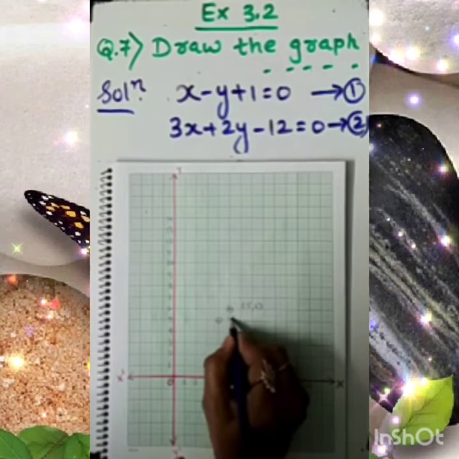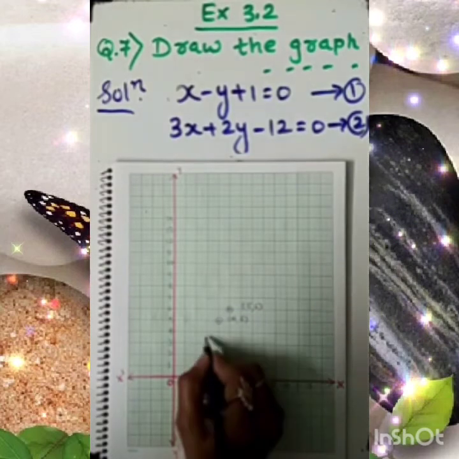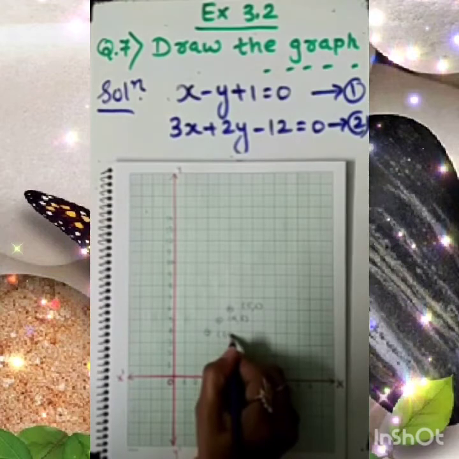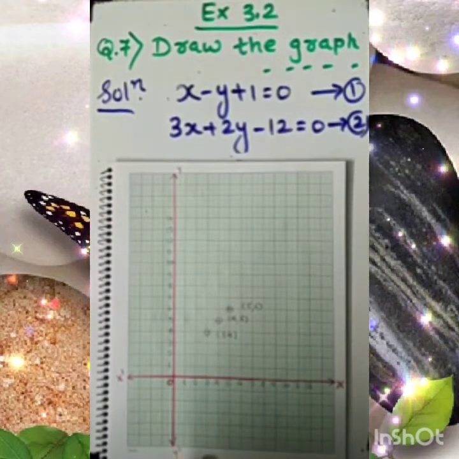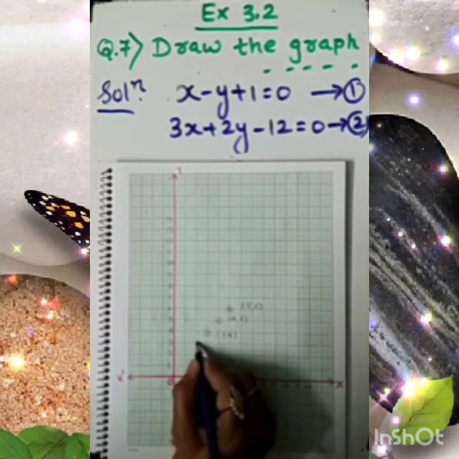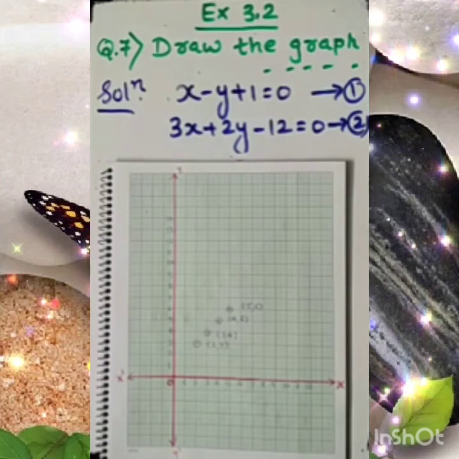So let me write it here (4, 5). One more point with us (3, 4). This is 3 and this is 4. So let me note down (3, 4). Then one more point (2, 3): 2 on the x-axis and 3 on the y-axis. So here (2, 3), is it okay?